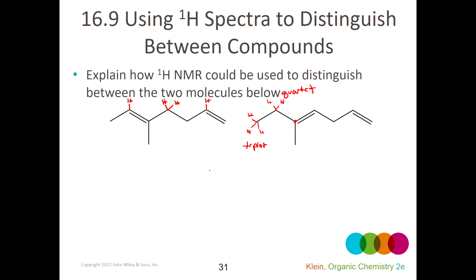There would obviously be some other differences. A lot of these splitting patterns would be pretty complicated because the hydrogens are being split by multiple different types of hydrogens. Yeah, that would be the main difference. Looking for that triplet quartet would be the first thing I would look for to tell me for sure which of these molecules I actually had that I was working with in the NMR.